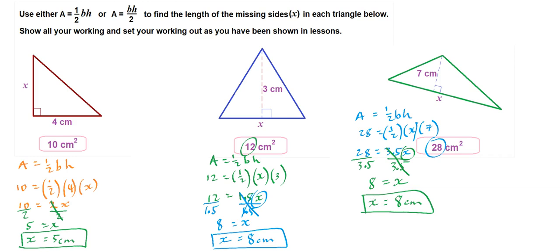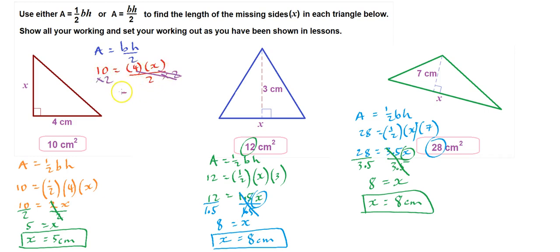I could use the other formula, which is area equals base times height divided by 2. So for example, I can substitute in, so it's going to be 10 equals, the base is 4, the height I don't know, and I divide by 2, right? Now, I need to cancel dividing by 2, so I do the opposite, do the same to both sides.